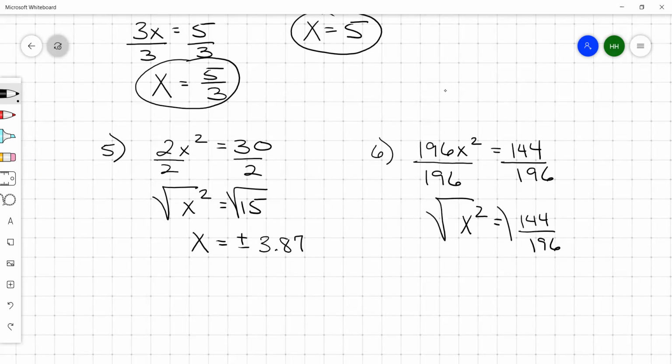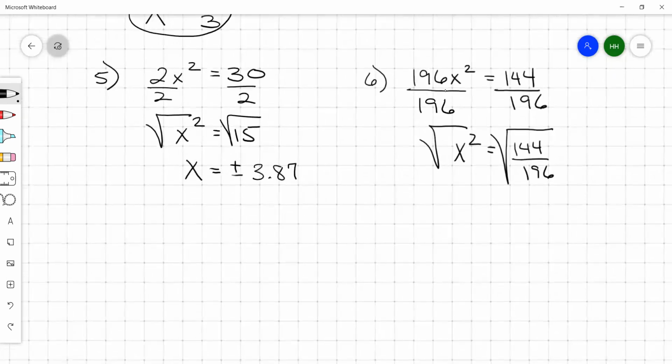When you square root both sides, let's just do it in a calculator. You're going to get x equals the square root of 144 over 196, which is 0.86. So positive or negative 0.86.